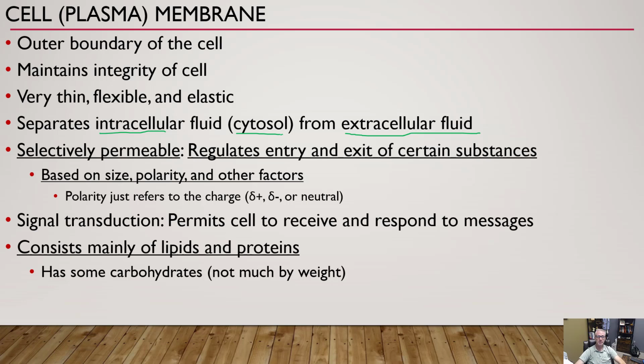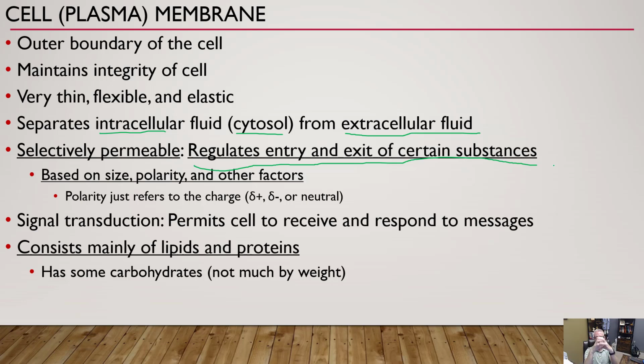And we say that the cell membrane is selectively permeable in that it regulates the entry and exit of certain substances. Not everything can come in and out of the cell. It depends on the size of the molecule, the polarity, and other factors.